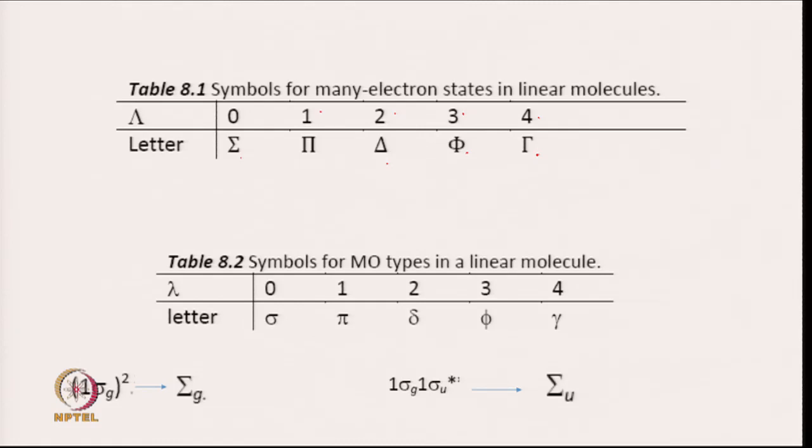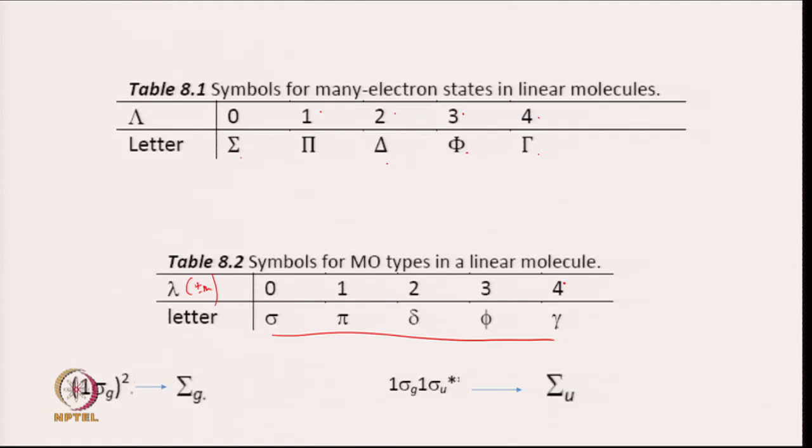Now, the symbol for a molecular orbital in a linear molecule. Right now, we have looked at the molecular orbital and what the lambda value will be, which is basically the absolute value of m. For sigma lambda is equal to 0, for pi lambda is equal to 1, for delta it is 2, for phi 3 and for gamma 4.